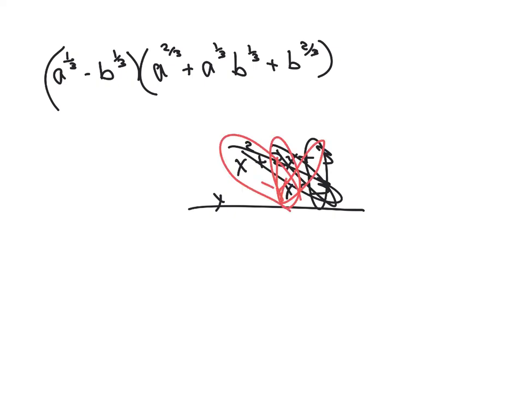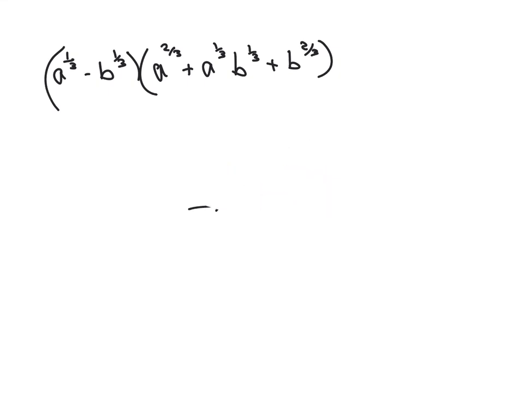You can do it that way. In fact, that's the way the book does it. I prefer not to. I think it gets really confusing. I prefer doing it kind of along the line of the FOIL method. So we take this and we multiply it by each of these terms. And then we take this and multiply it by each of these terms. Okay, and that's the way I'm going to do it.